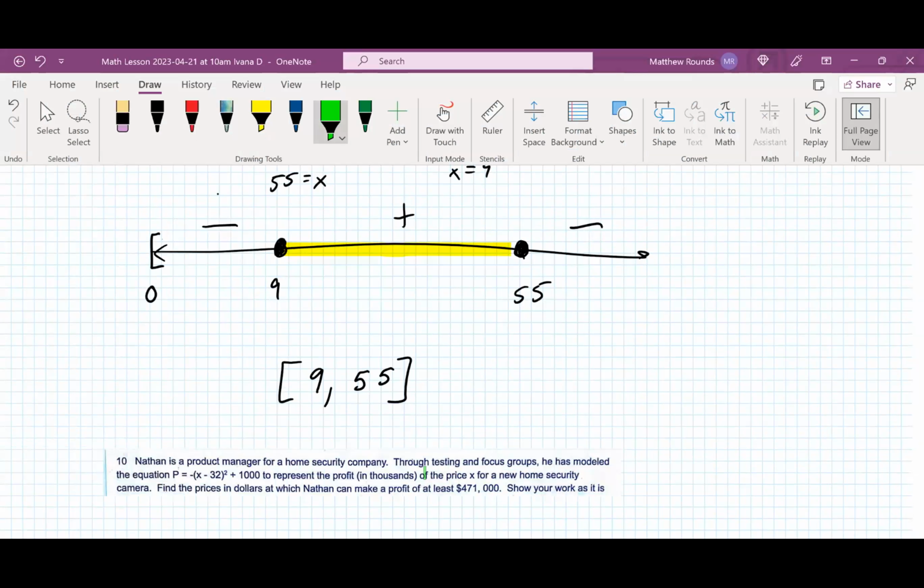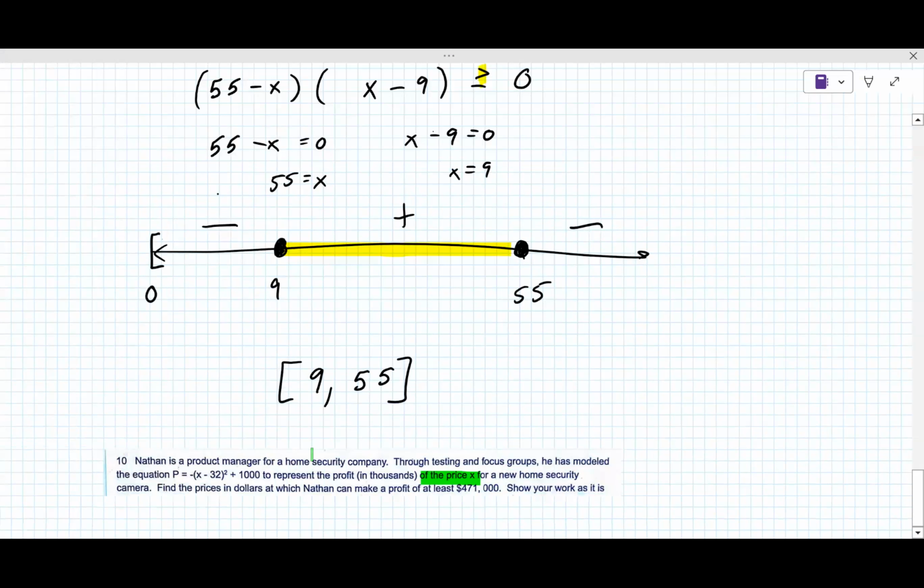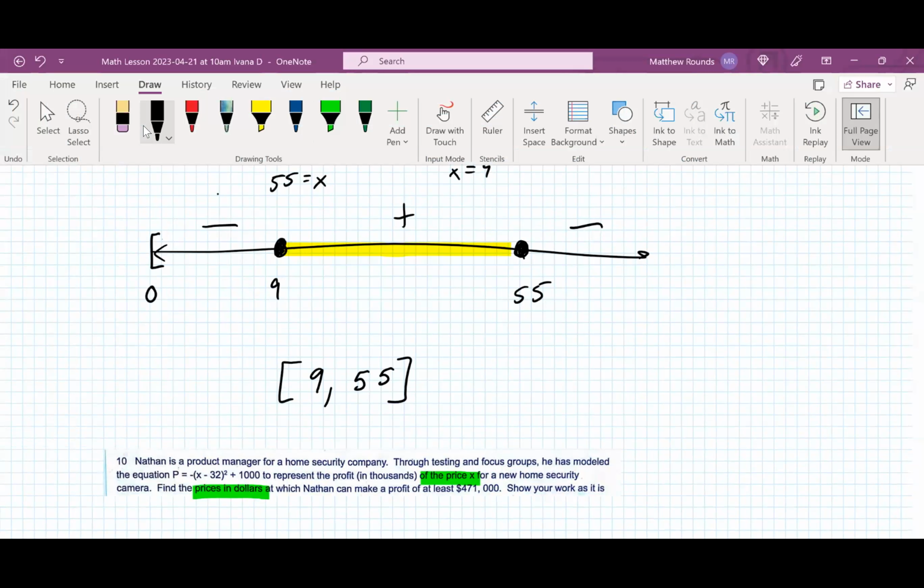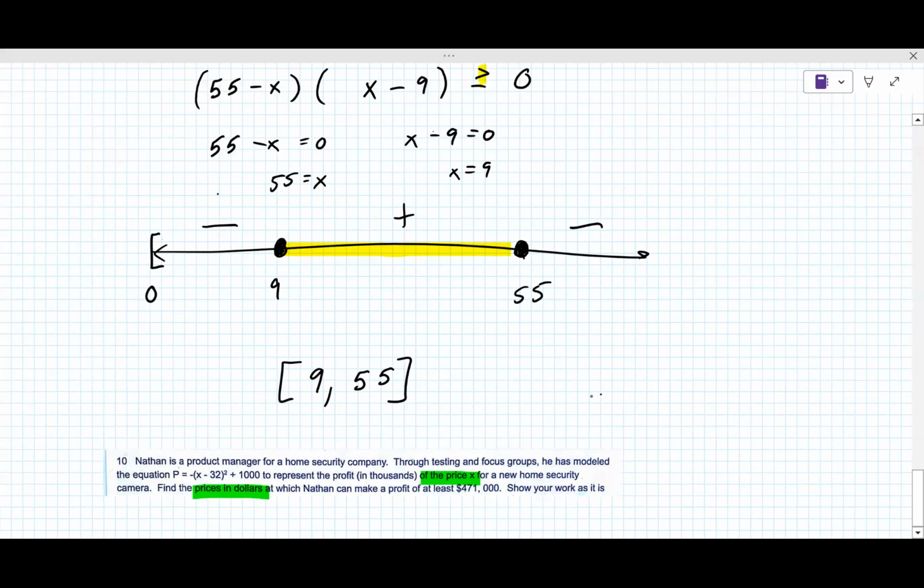So the price X is in dollars. Okay, it says that later on: find the price in dollars at which Nathan can make a profit. You'd want to give a sentence: the price is from $9 to $55. And if you add the extra word inclusive, that means to include the endpoints.